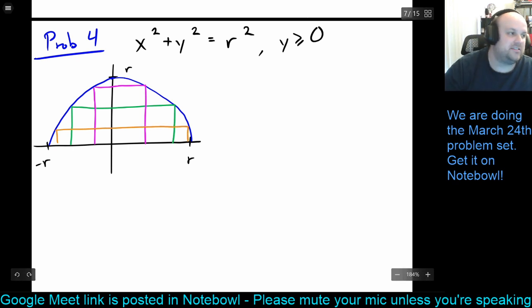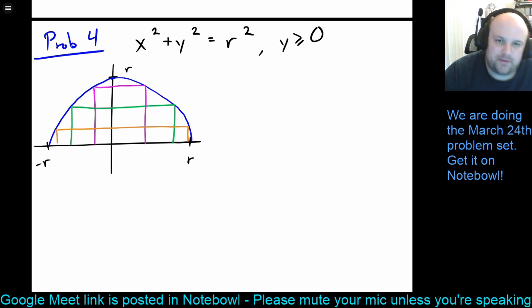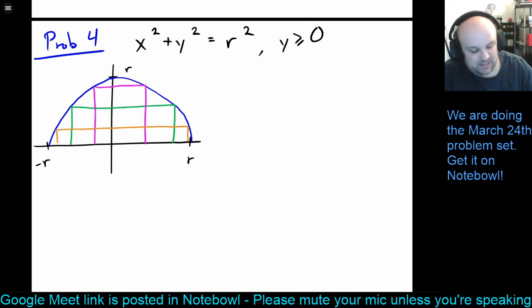Which rectangle is the largest? One nice thing about these rectangles being inside of a semicircle, even though my picture's a little lopsided and doesn't look perfect, is that however far it stretches from the y-axis to the right, it's going to go an equal distance to the left.